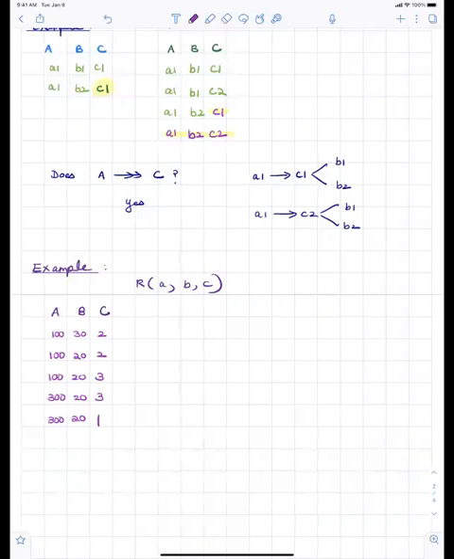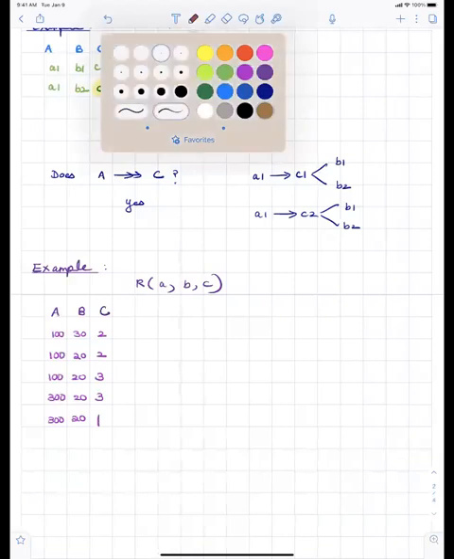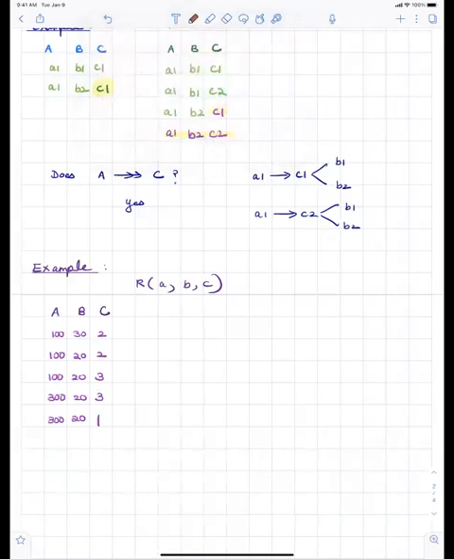I want to ask you to look at the following. My question is, does B multi-value determine A? I want you to look at this and answer this question. Does B multi-value determine A?